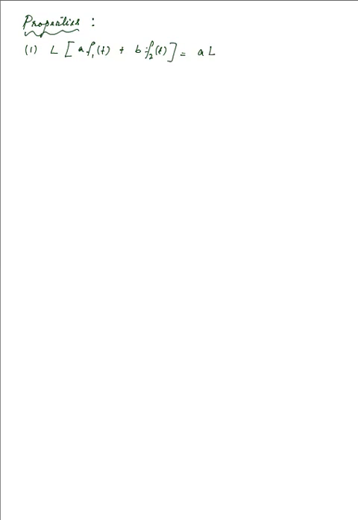So we have a times the Laplace transform of the first function, f1 of t, plus b times the Laplace transform of f2 of t. Let me write that clearly. Well, this obviously seems pretty straightforward. There should be no problems with that.